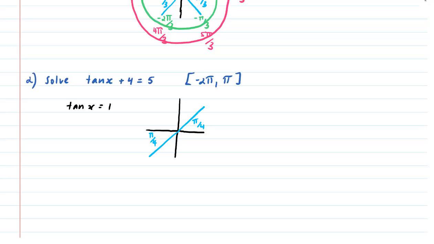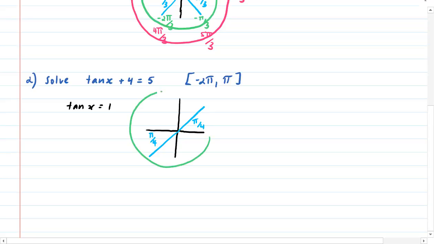So again, let's do the negative part first. So let's go from 0 around to negative 2 pi. Okay, so that's just going clockwise around. So if you're not sure of what those values would be, add in the ones that aren't there or aren't drawn in our diagram. So this would be negative pi on 4. And then splitting it into quarters, this would be negative 2 pi on 4.